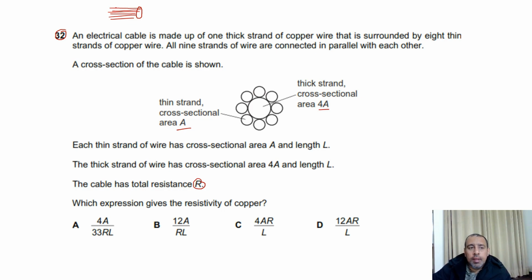So you know that R is equal to rho L over A. If these wires are parallel, then for the first wire, this is rho L over A plus rho L over A plus rho L over A, and so on. So 1 over R is equal to rho L over 8A.